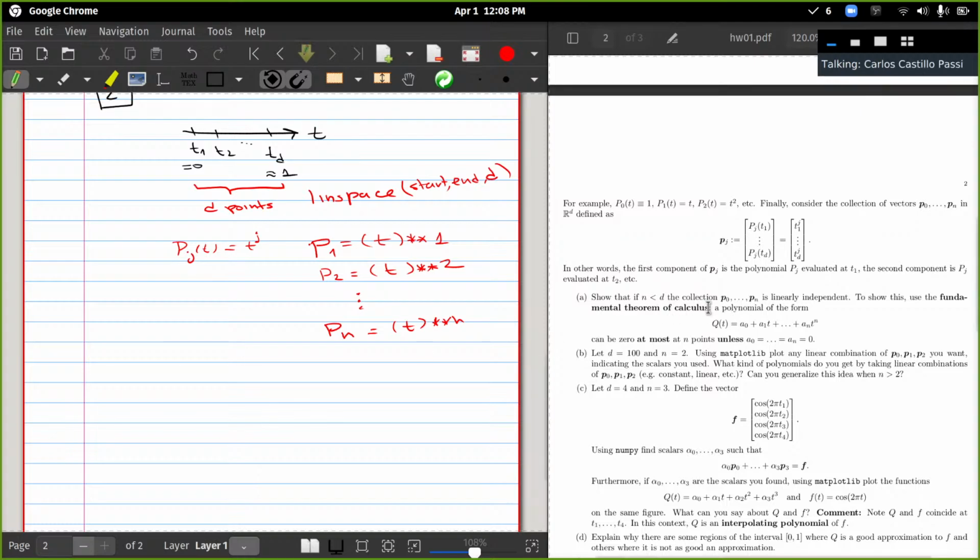This is the fundamental theorem of algebra. I just remembered. Fundamental theorem of algebra.